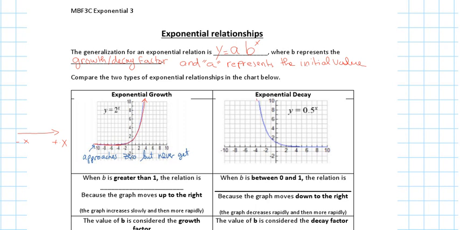Decreasing fast and then flattening out, right? Becoming flat. So this is what we call an exponential decay, okay, because it's decreasing. All right? So exponential growth, exponential decay.